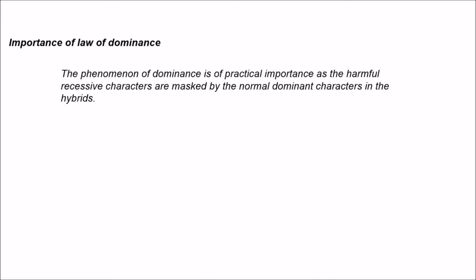How can it be practically important? By applying the law of dominance, we can suppress or mask harmful recessive characters by normal dominant characters in the hybrids. A person who is hybrid for all these characteristics appears perfectly normal.